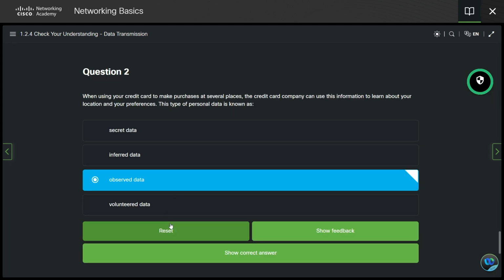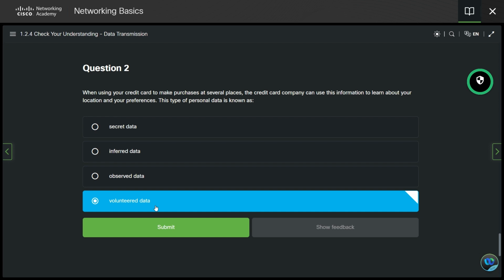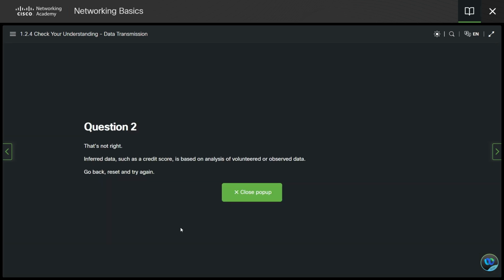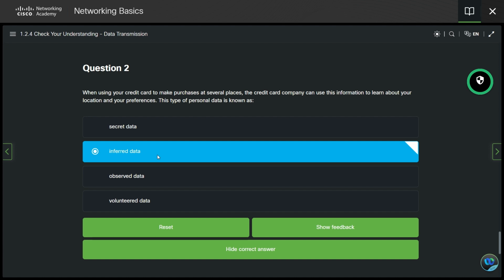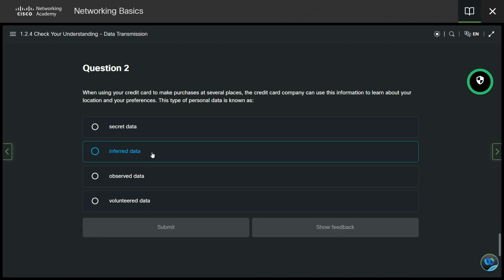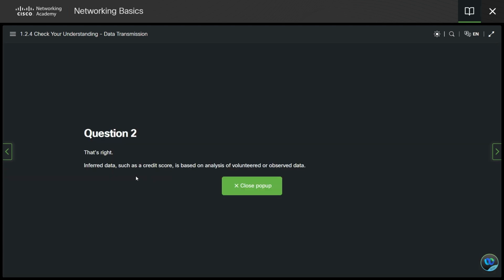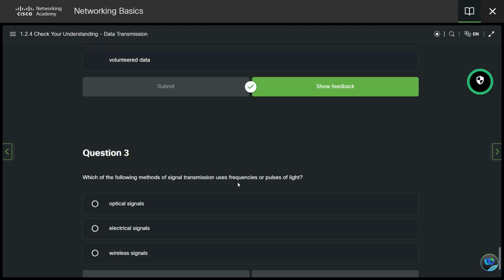Okay, is it voluntary data? Inferred data. Yes, inferred data, such as a credit score, is based on analysis of voluntary or observed data.